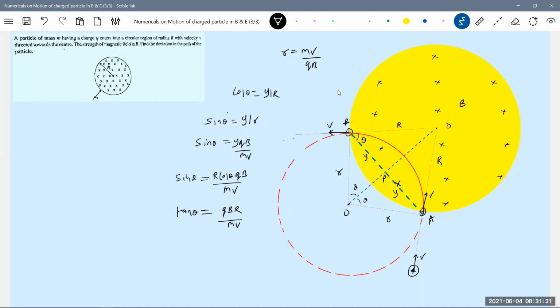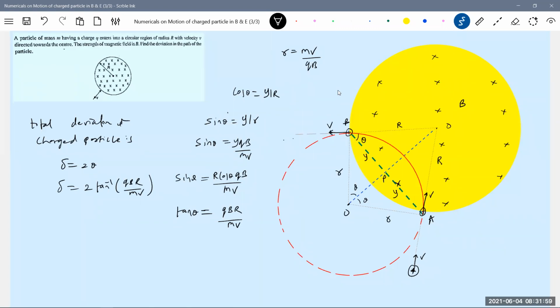What is the deviation? Total deviation delta equals 2 theta. So this will become 2 tan inverse of qBR by mv. Find the deviation in the path of the charged particle.